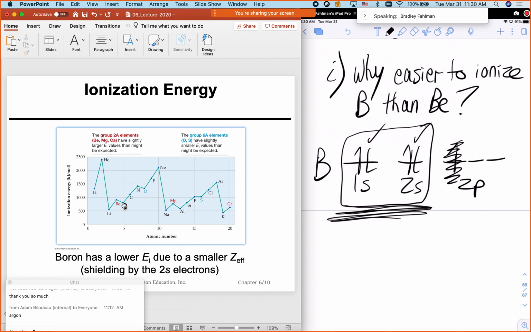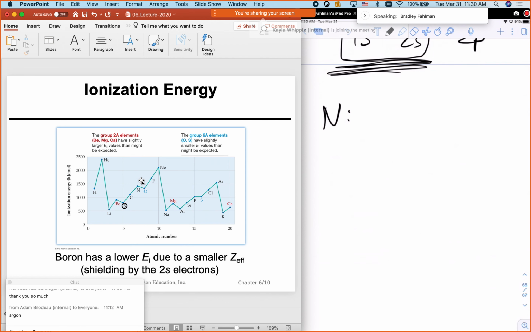And then as we move up, we'll see this trend again between nitrogen and oxygen. So let me do that. We'll forget about the 1s because it's really not involved in bonding here. So we'll talk 2s and 2p for these.